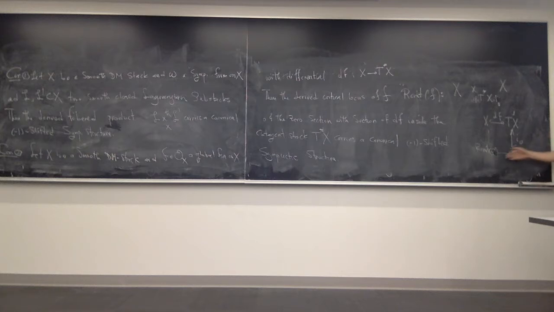This is where a lot of enumerative geometry lives. If X is smooth, then the critical locus of this function, which actually takes X into its cotangent bundle, has a -1 shifted symplectic structure.